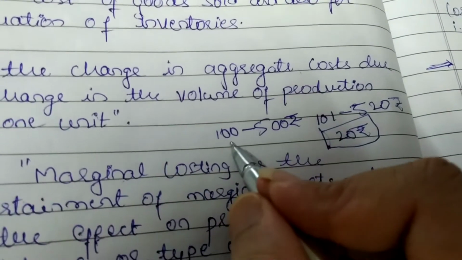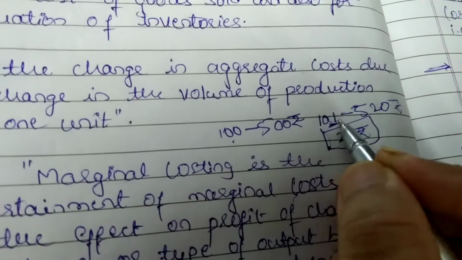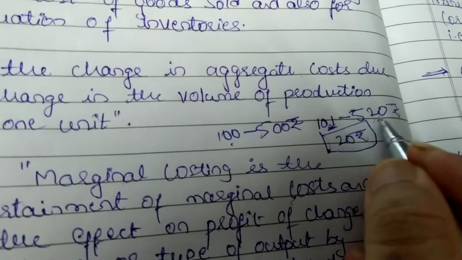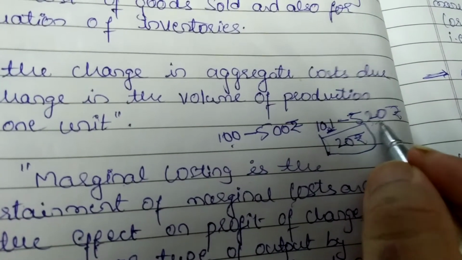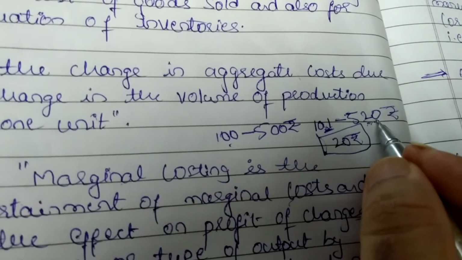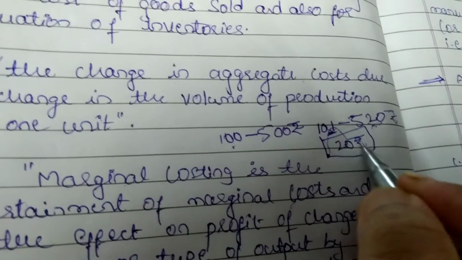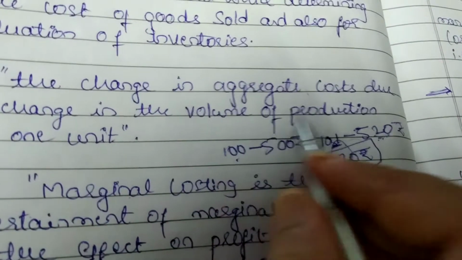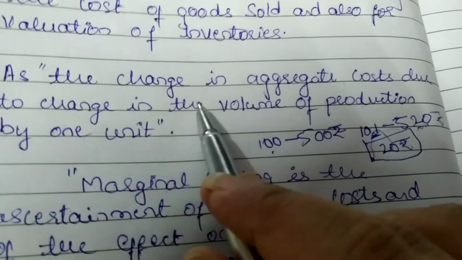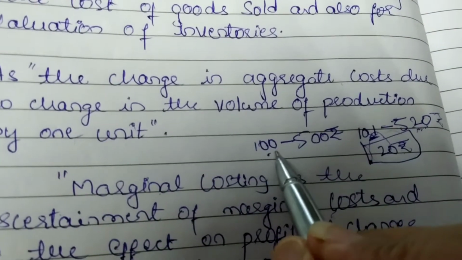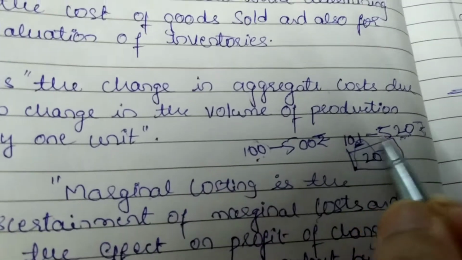So the increase of 1 unit of production has increased the total cost by 20 rupees. Volume of production refers to the number of units produced.